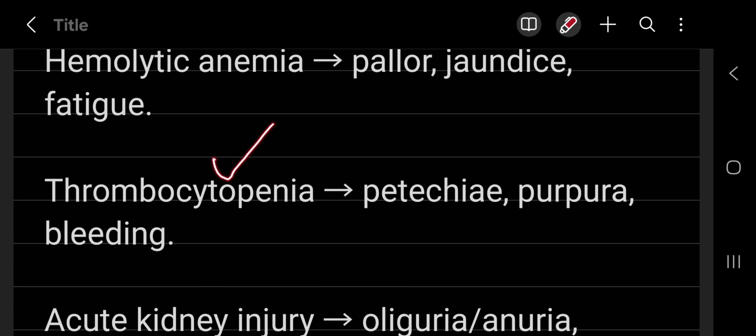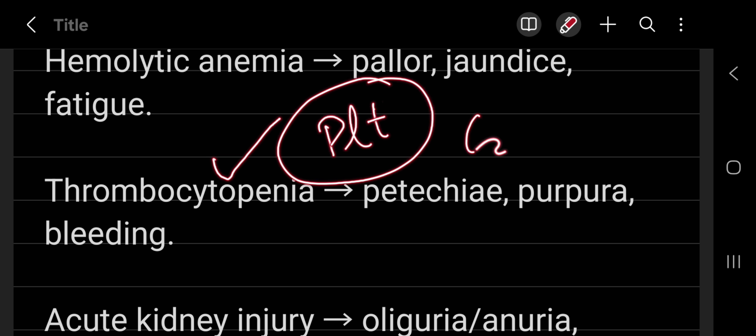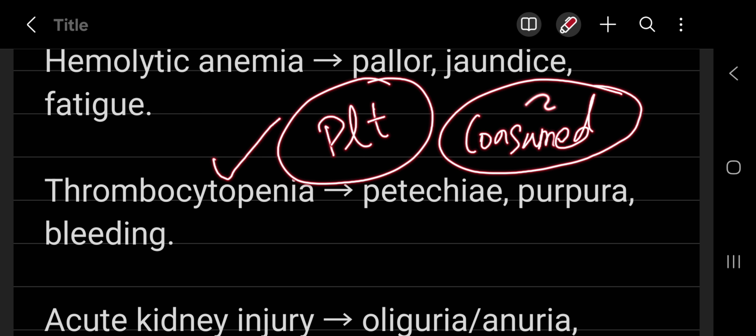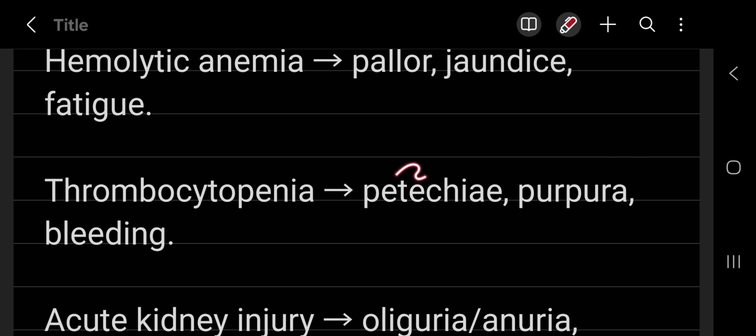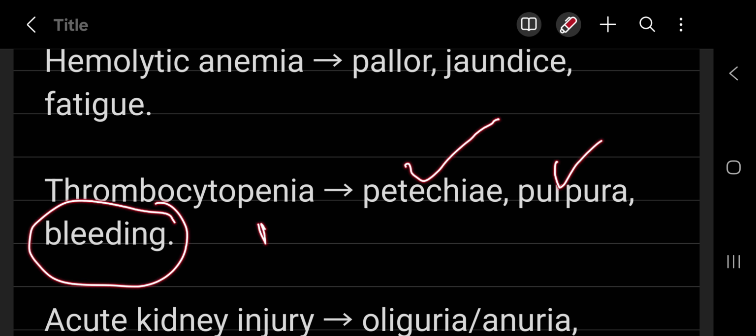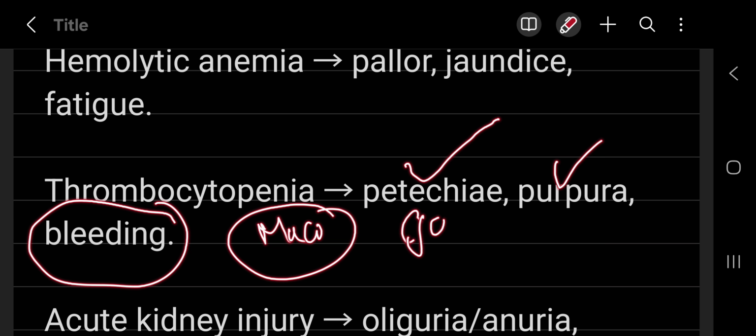Then the patient has thrombocytopenia because platelets are consumed in small microthrombi formation. So it leads to petechiae, purpura, mucocutaneous bleeding, that is gum bleed, etc.